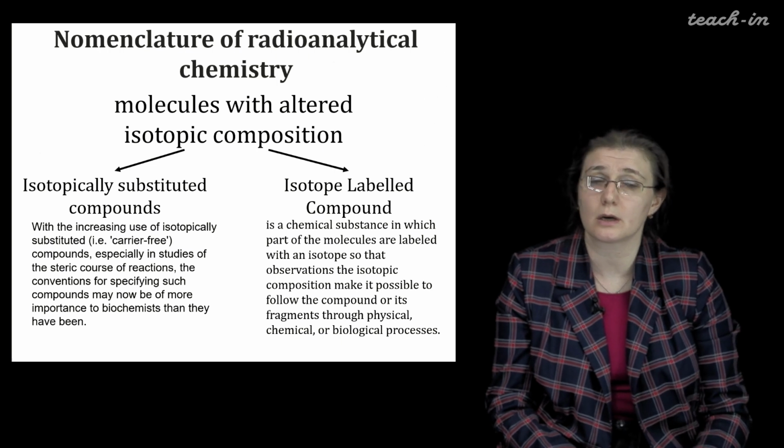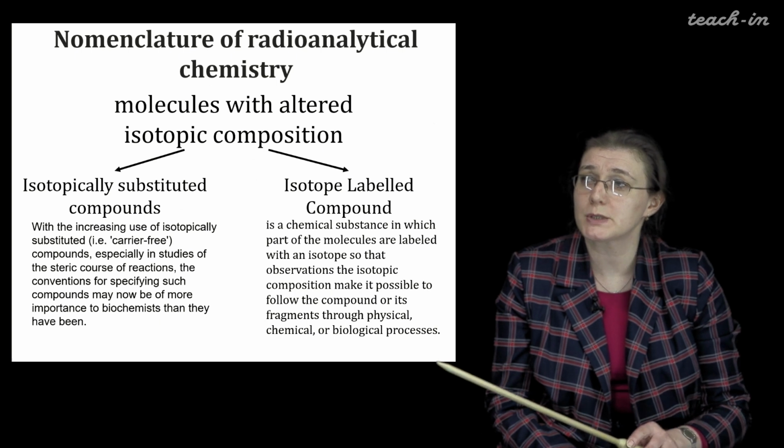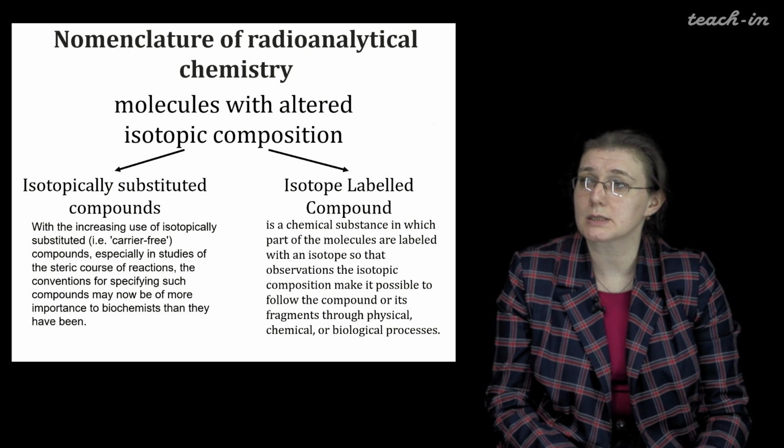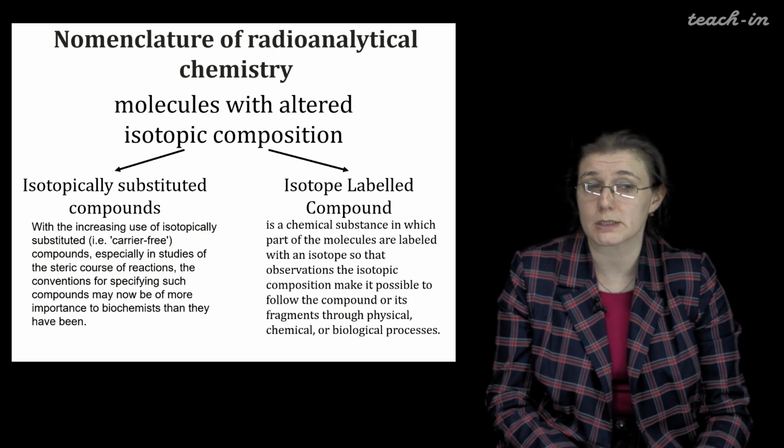Labeled molecules are usually subdivided into two large groups. An isotope labeled compound is a chemical substance in which part of the molecules are labeled with an isotope, so that observation of isotopic composition makes it possible to follow the compound or its fragment through a physical, chemical or biological process.